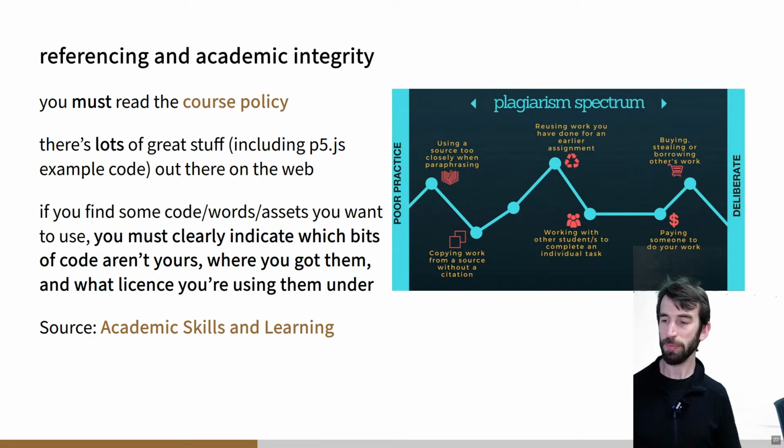So I just wanted to put this slide up. I know that sometimes, if I use a word like plagiarism or academic misconduct, it can sound like quite scary terms, but I want to note that there are different levels of badness, and often I see behaviors like, particularly in this course, copying work from a source without citation.